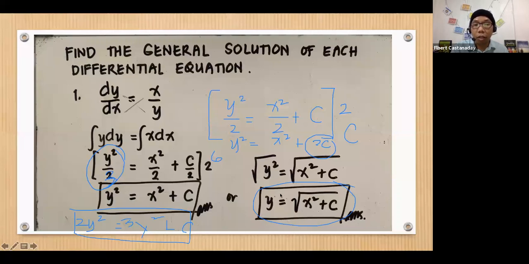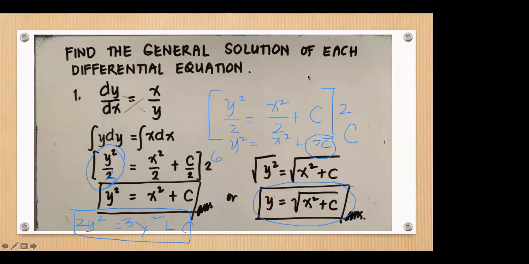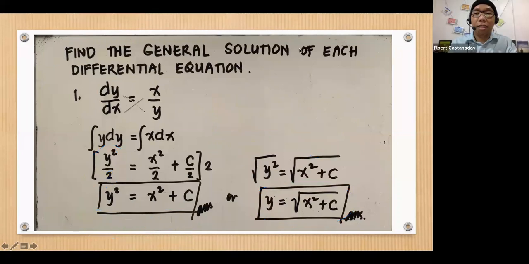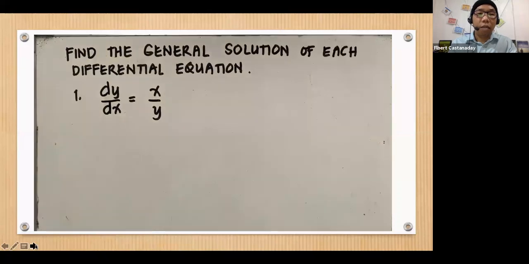Kasi kung pag ganitong gusto mo, dapat 3 lang yung multiply natin. That's how you simplify your general solution. Okay? Clear? Clear po, sir. Thank you po. Okay. Any more questions? Then let's go to the next example.